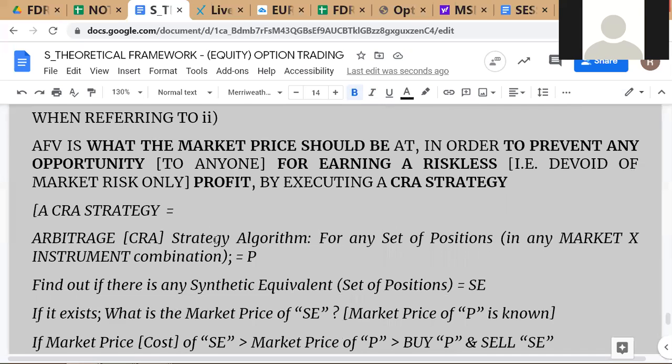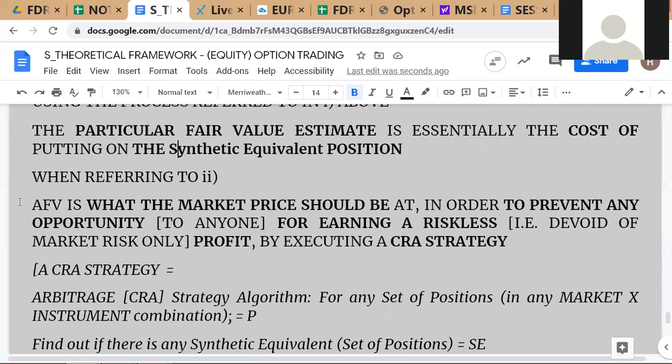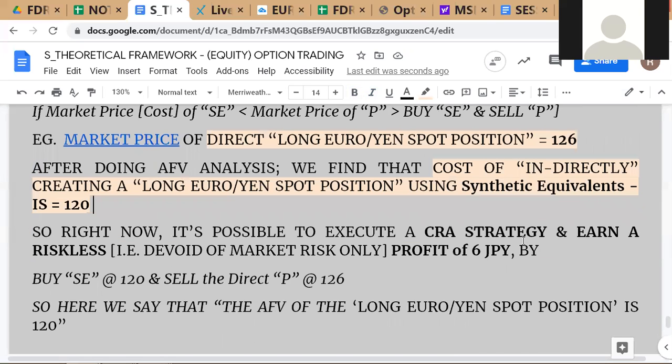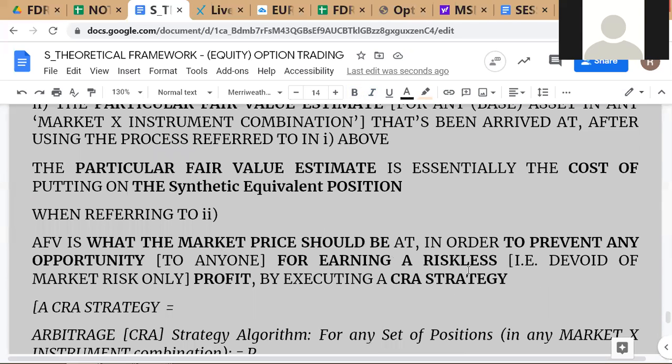And when referring to AFV is what the market price should be, we'll just copy this, so that through all this example, I have just illustrated this one sentence. That's all I've done. But this is a very important understanding of the expression AFV, and that's why I spent so much time explaining this whole exercise.